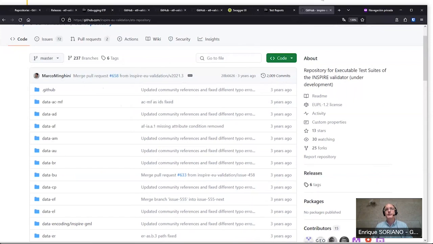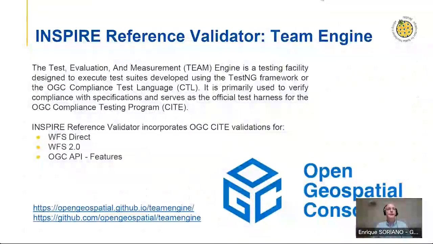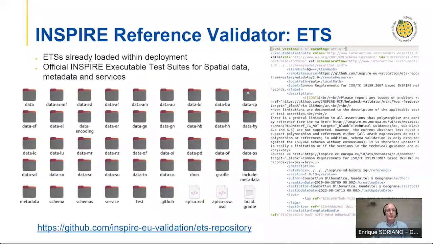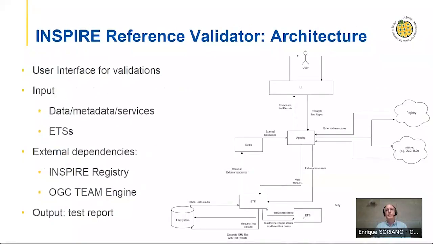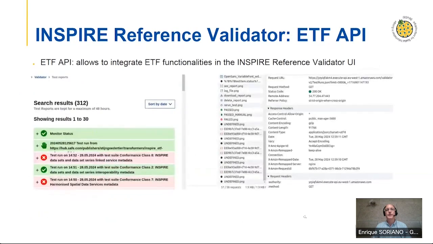The ETS, as commented, have been produced according to the technical guidance, which has come in an ATS, and finally in an ETS with a structure that we will see in detail later. And it is available in a repository. This repository is downloaded by the ETF and used in real time to perform the validation.